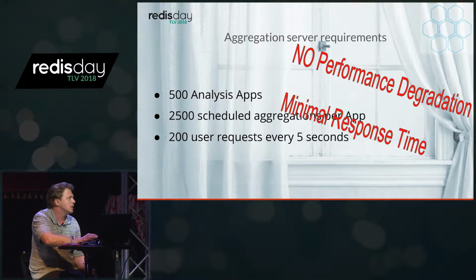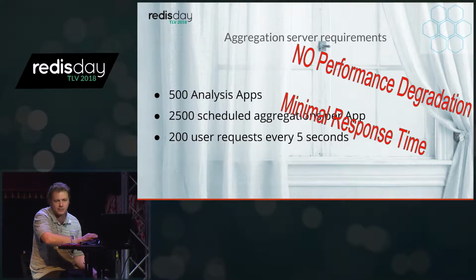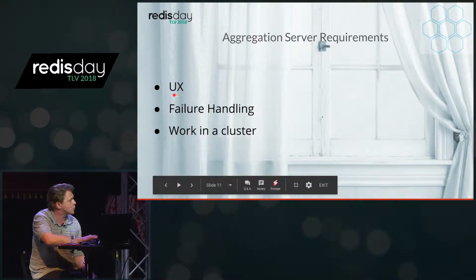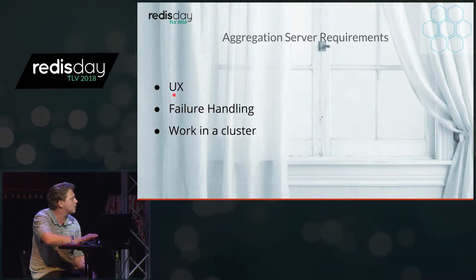We would like to provide minimal response time for the user, as it's a real-time application. User asks for the data and expects the data to arrive as fast as possible. So our UX should stay exactly the same in peak hours. And out of peak hours, we should handle the failures in a good way.